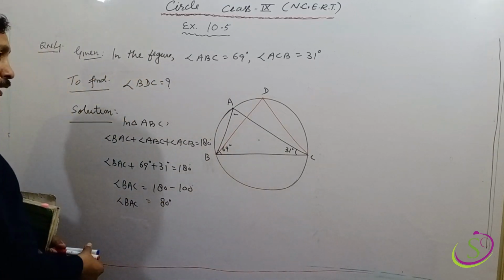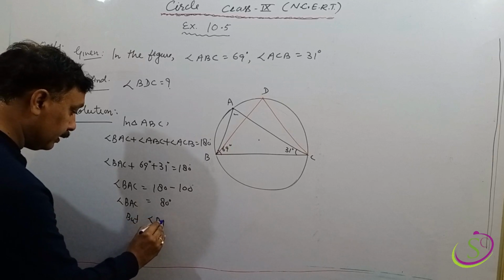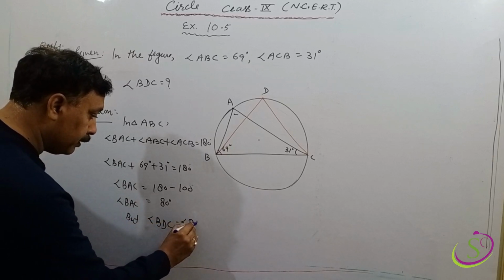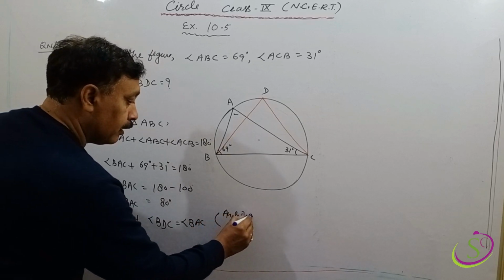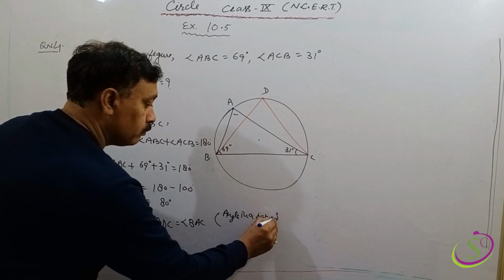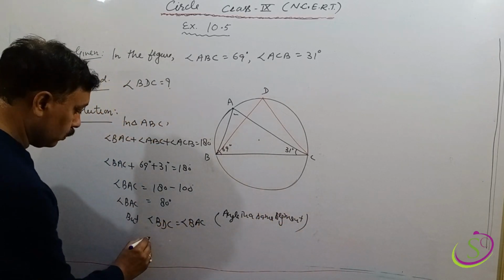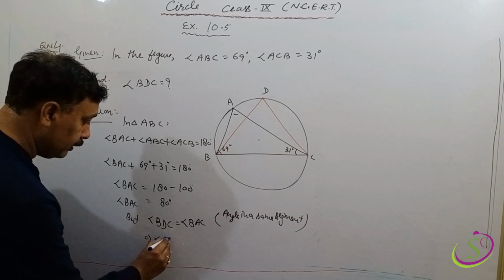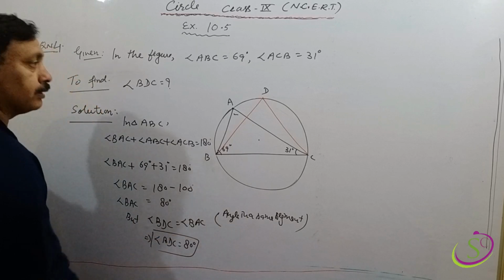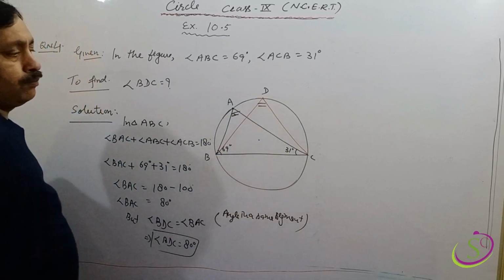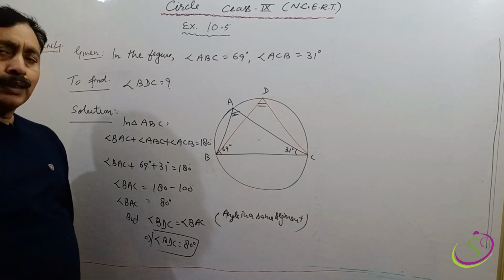So here we can say that angle BDC will equal angle BAC. How? Angles in a same segment. Okay, so angle BDC will equal 80 degree. Means this angle and this angle both will be the same. Means angle BDC is 80 degree.